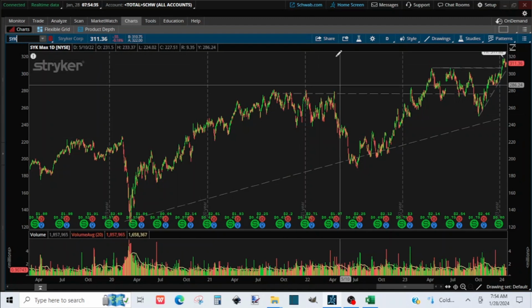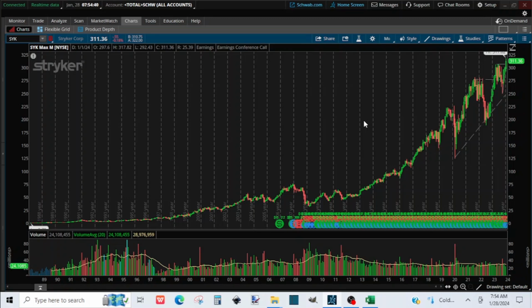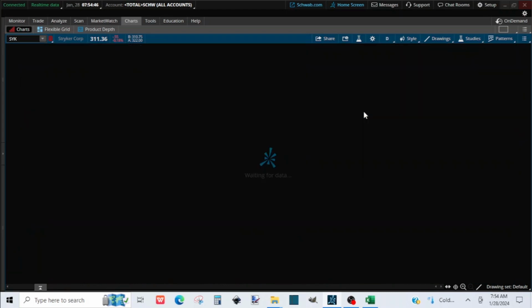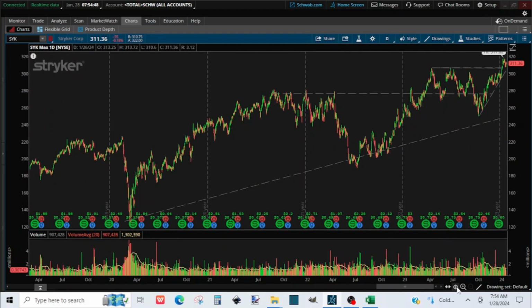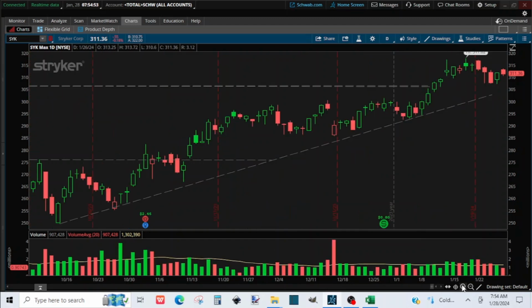Okay, so we did have a line on it, but let's go to the monthly chart to make sure. Okay, the price is ahead of all the mountain. That's good. Let's go to the daily chart. And we can continue our trend line here.